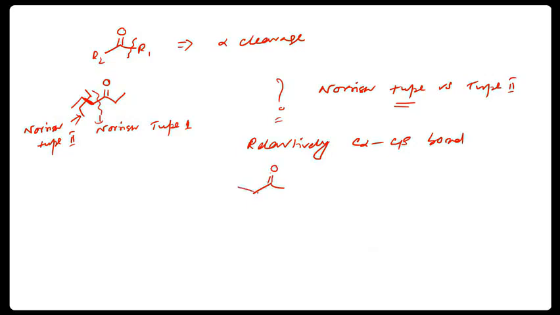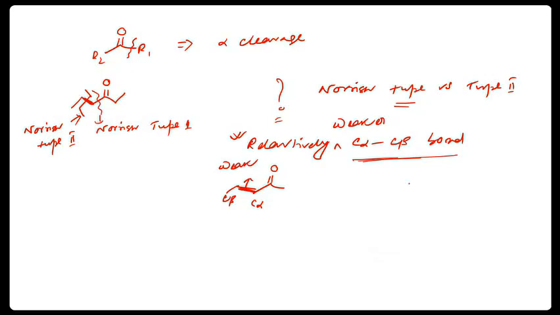This is the alpha carbon atom, C alpha, and this is C beta. If this bond becomes weak, then only this will break. So this is the requirement of Norrish type 2: a relatively weaker C alpha C beta bond. Fundamentally we have to understand this.